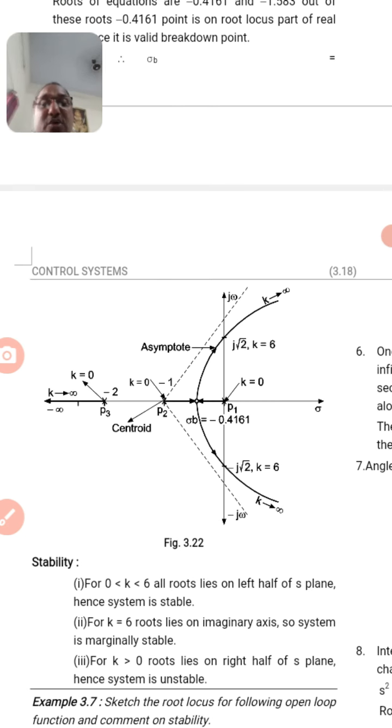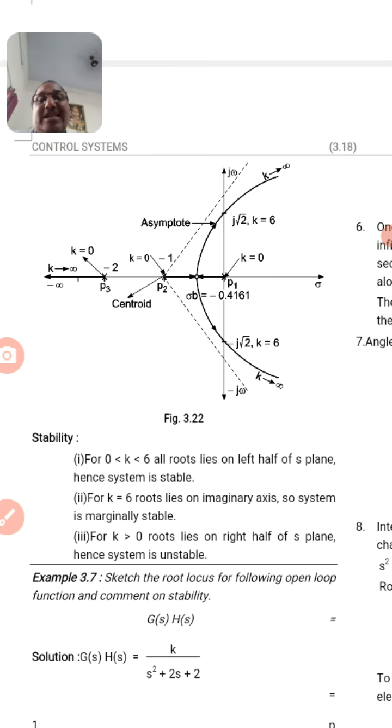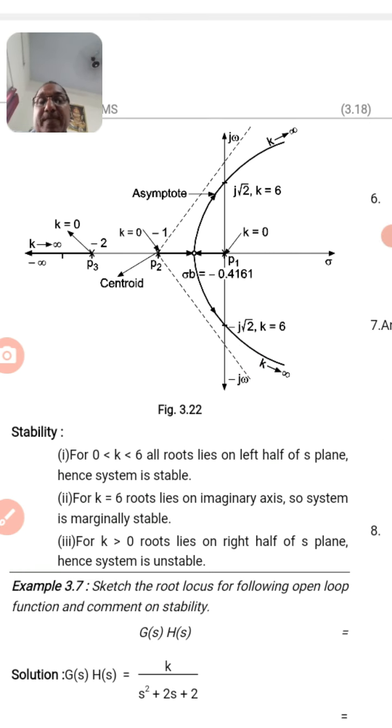Now from this root locus, what can we conclude about the stability? First, for k from 0 to 6, all roots lie on the left half of the S plane, hence the system is stable.